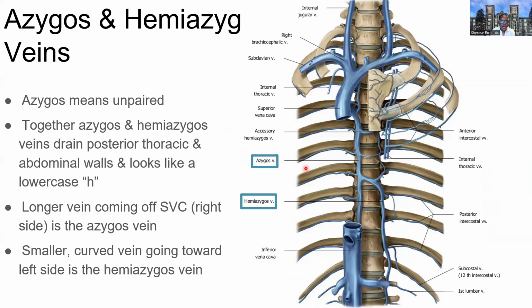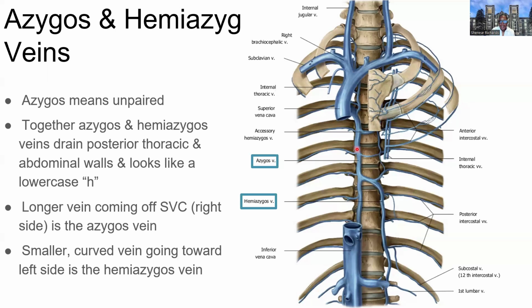Let's talk about some of the other venous drainage of the thoracic cavity. So when we look at the intercostal veins, the venous structure that drains blood from the intercostals, as well as from some of the other related thoracic structures, is the azygous system.